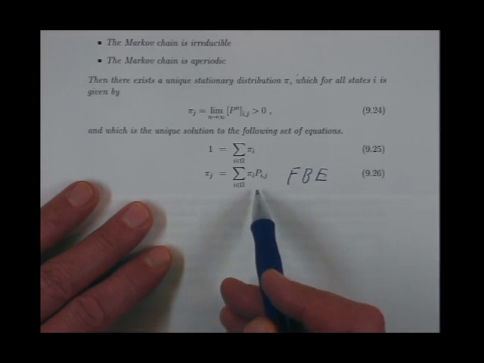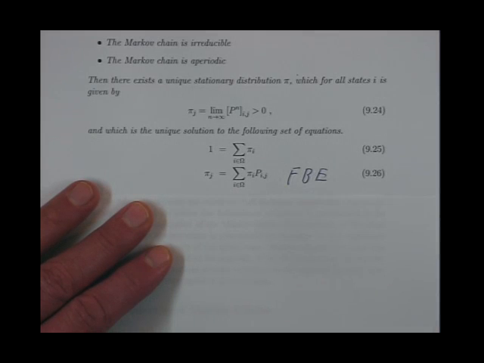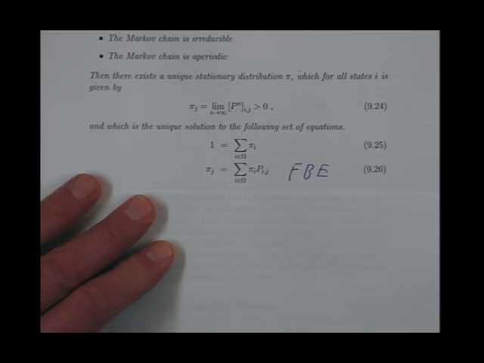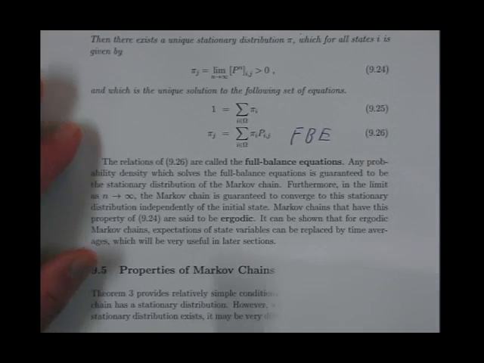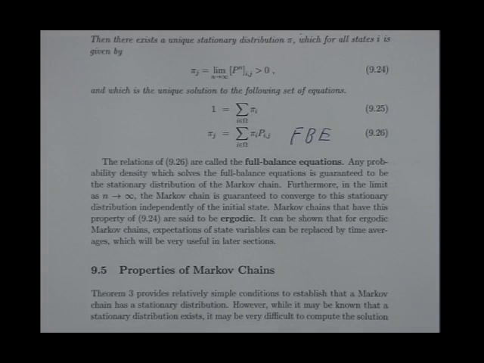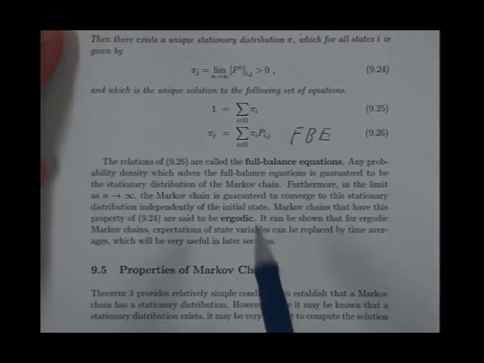But if you solve this equation for any other value of the pi's, then you can just renormalize them so they sum to 1. So the summing to 1 is not a big deal. These are called the full balance equations, and the solution is, in this case, we say that the Markov chain is ergodic.